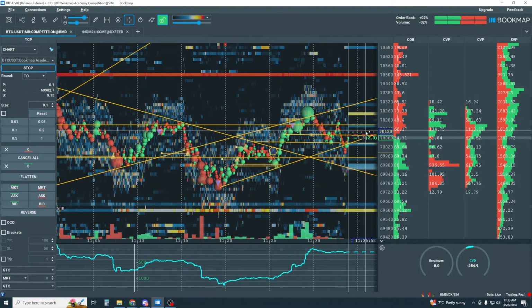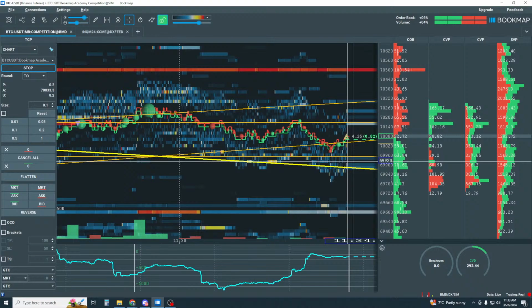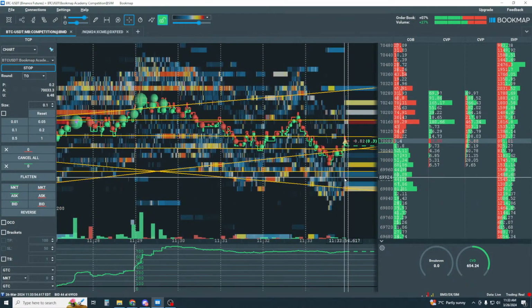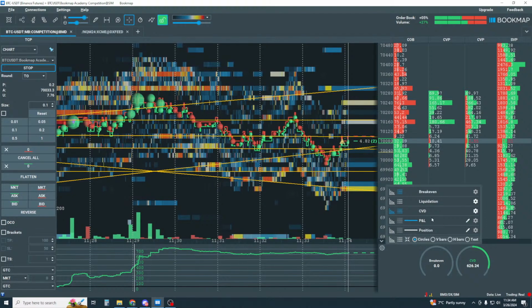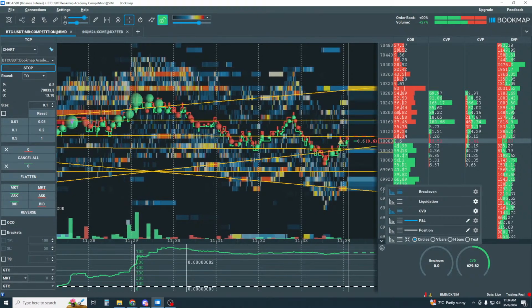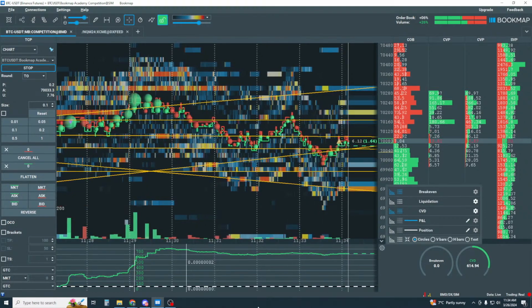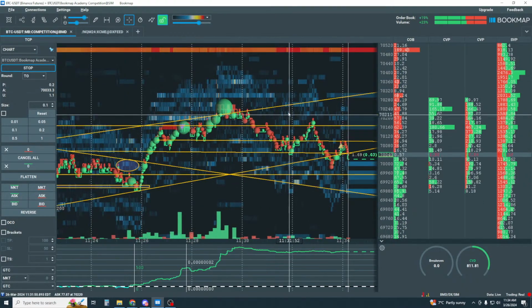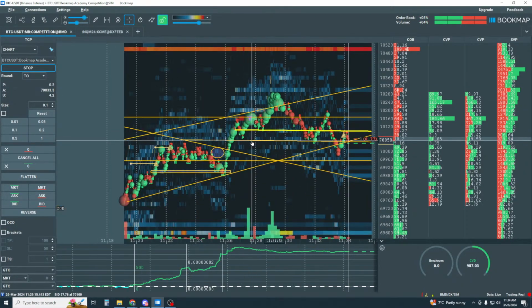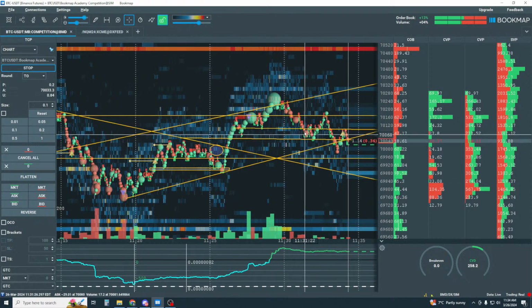Let's just add one more position in. I don't see it. I don't know what I'm doing wrong. Oh, maybe I need to go down here and turn it on. Yeah, there we go. I think that's it. Break even point. It should show it on the chart.